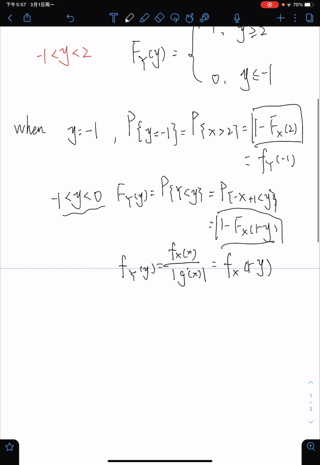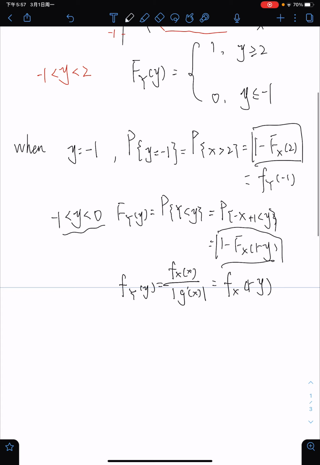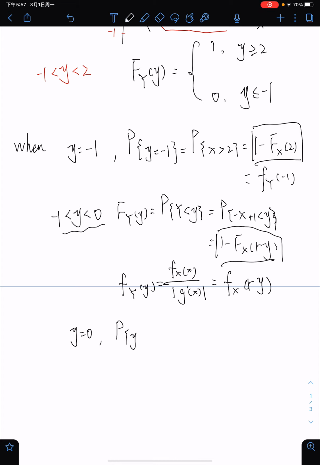And the third part is y equals to 0. Okay, and use the same method. Y equals 0, probability of, okay, we can get this from the figure.